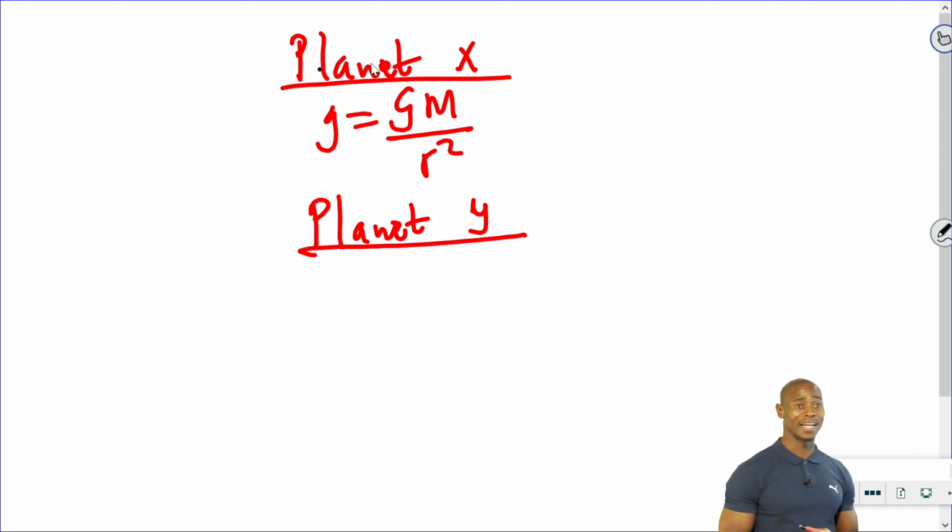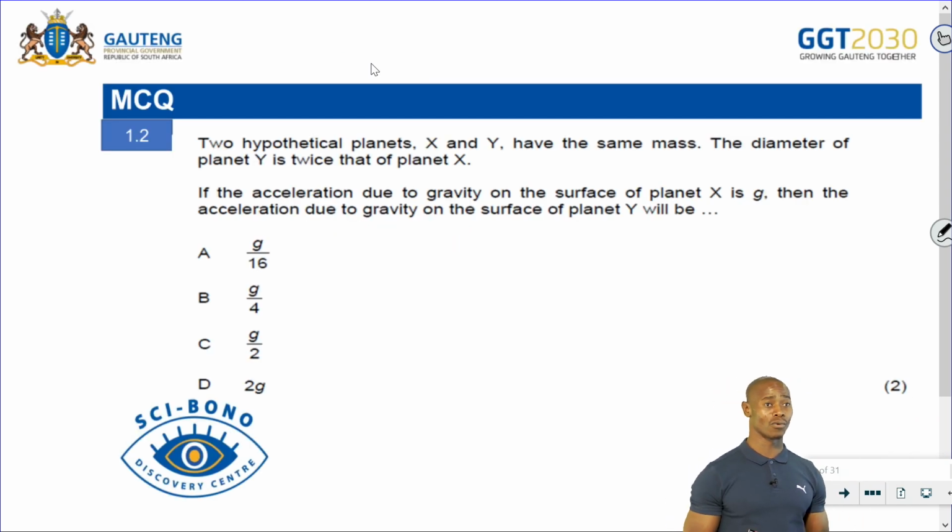So let's check planet Y. What is happening when it comes to planet Y? So the masses are the same, right? But the diameter of planet Y is twice that of planet X, right? So if the diameter of planet Y is twice that of planet X, what about the radius, right?